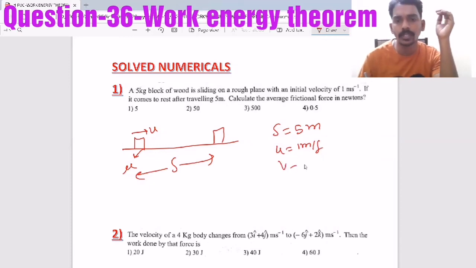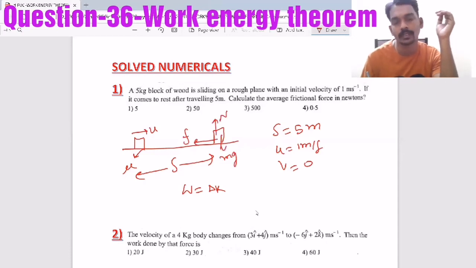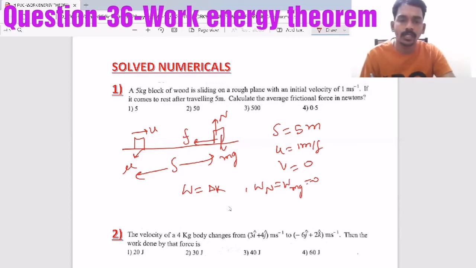Now it is coming to rest, which means the final velocity is 0. Then the total work done equals delta K. The forces here are only the frictional force, normal reaction and mg. There is no external force acting. Work done by the normal reaction and work done by mg are both 0 because the force is perpendicular to the displacement, that means cos 90 is 0. So the only work is done by friction.